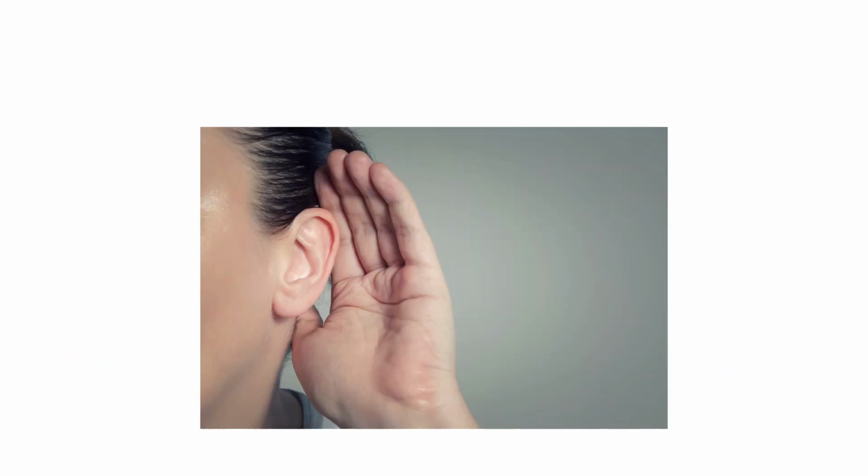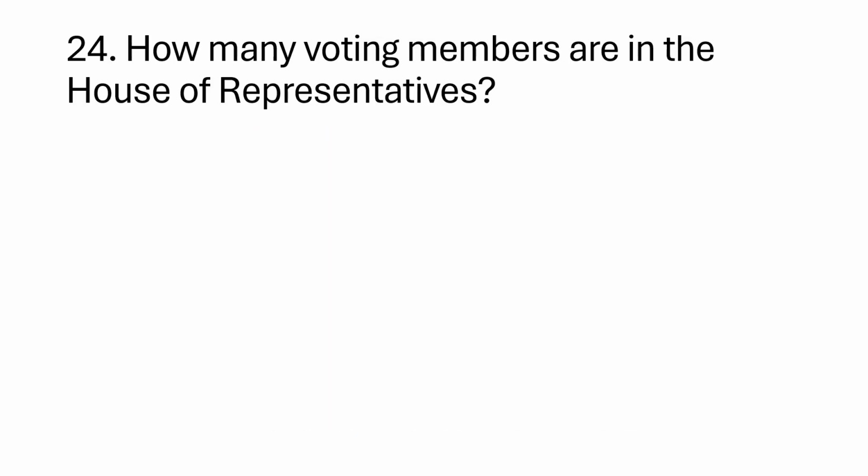All right, next question. How many voting members are there in the House of Representatives? Say it if you know. If you said 435, you're correct.